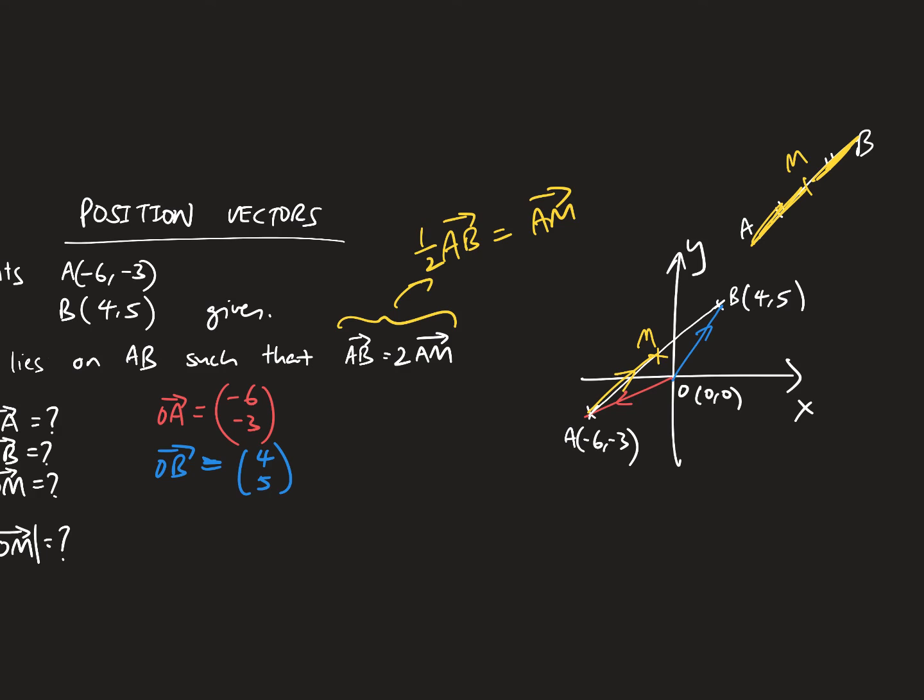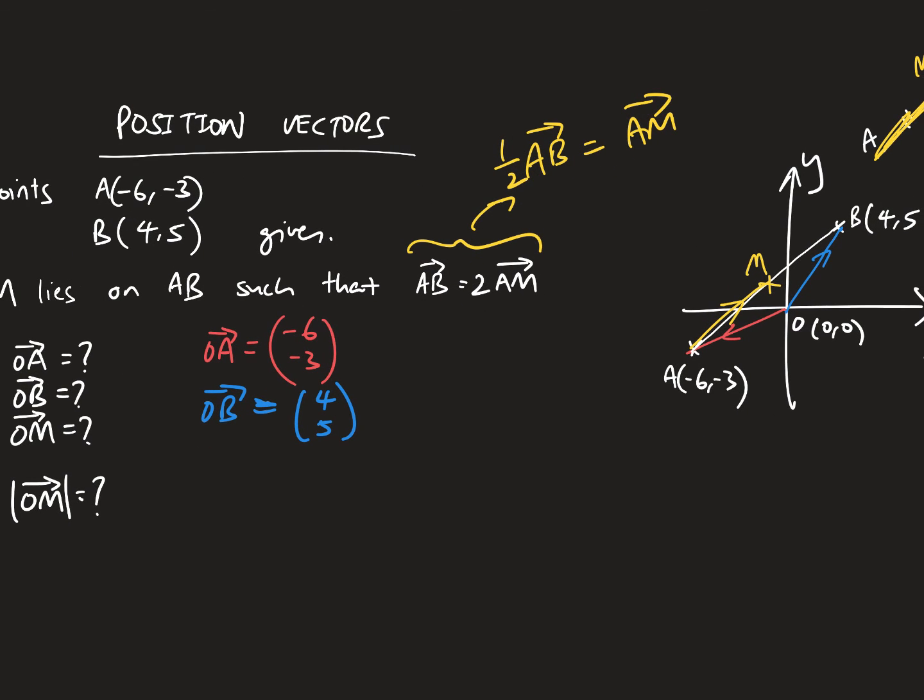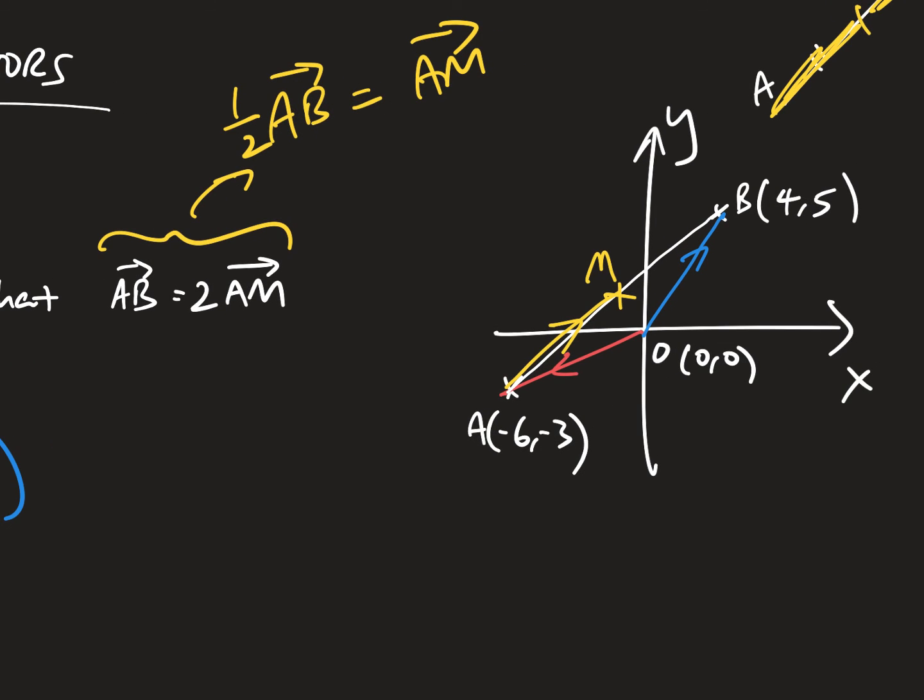All right, and so in this case, how do I find OM? From O to M, I don't know where this is, but I can go this way. First thing I need to do is find out what AB is. If I can find the vector AB, then I can go from O to A, and then half of AB will get me to M. So let's find AB first.